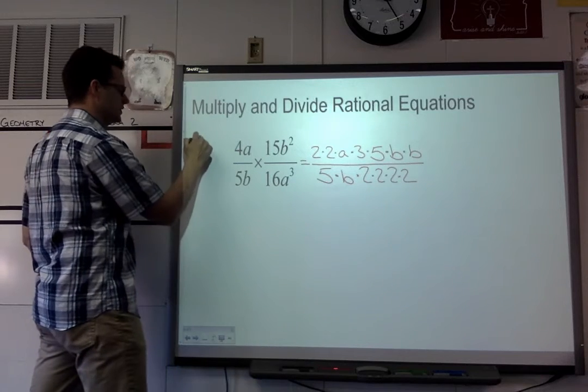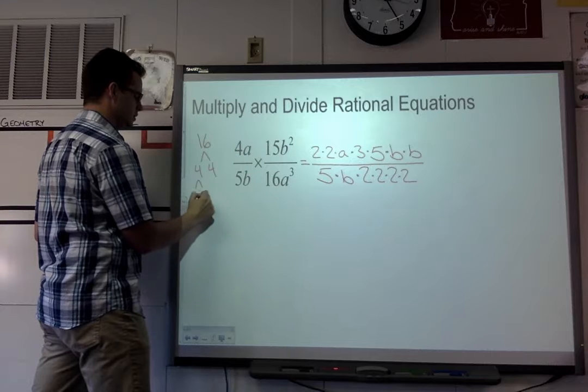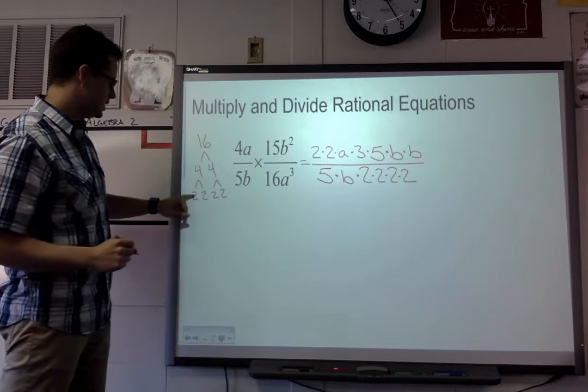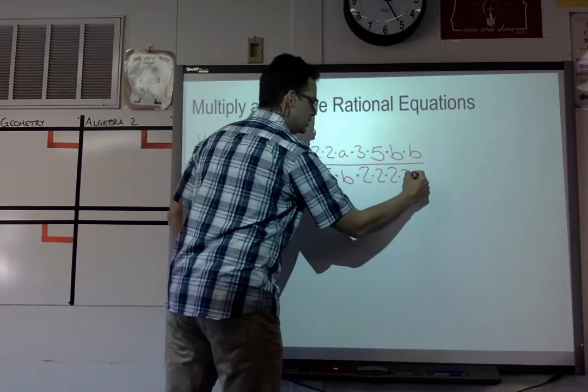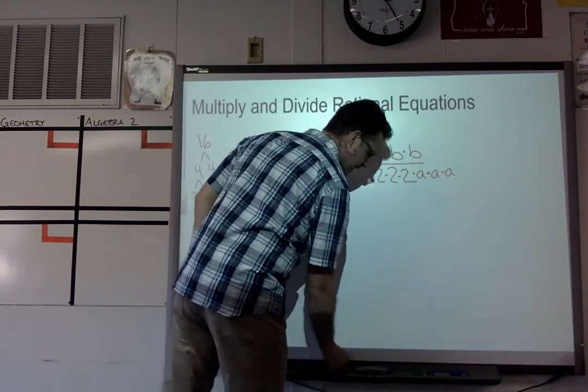Again, if you're doing it this way, you can do a factor tree to get it down to its prime factors. So 16 would become 2 times 2 times 2 times 2. And then a cubed, we have a times a times a.